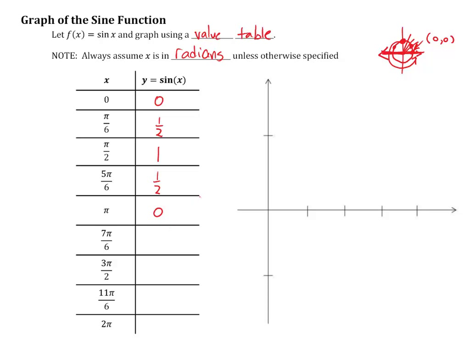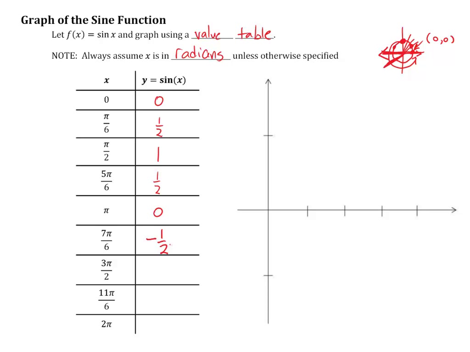Then if I plug in 7 pi over 6, this is where we begin to drop below the x-axis. 7 pi over 6 is 30 degrees from the negative x-axis, or actually 210 degrees if you go around from the positive x-axis, and that gives you a negative 1/2.